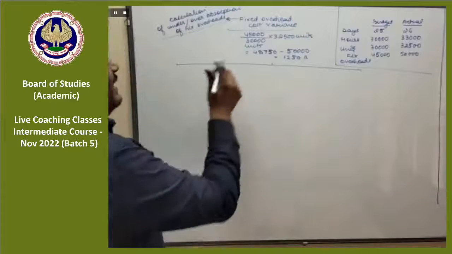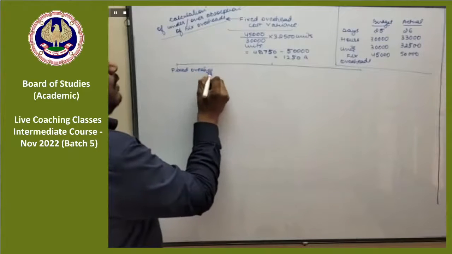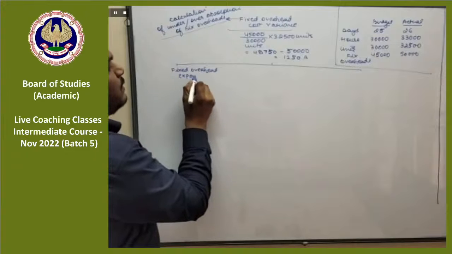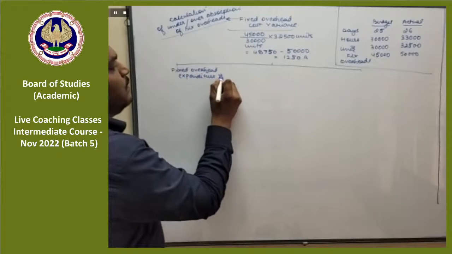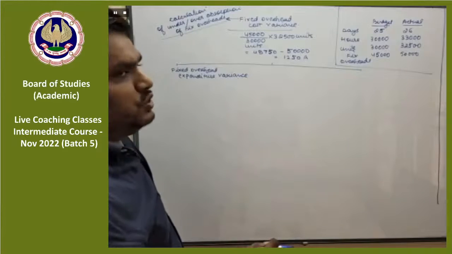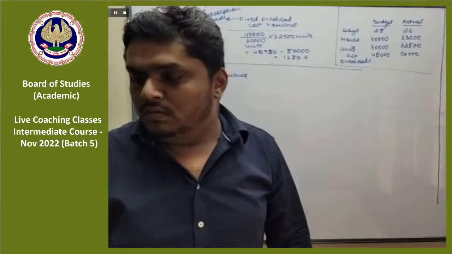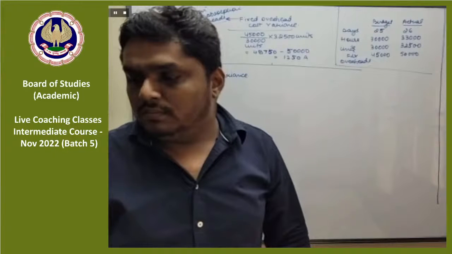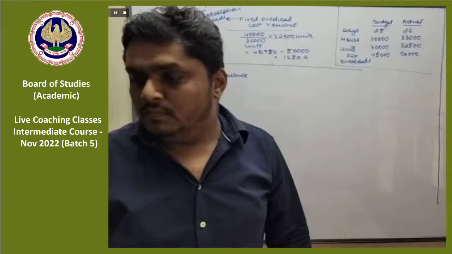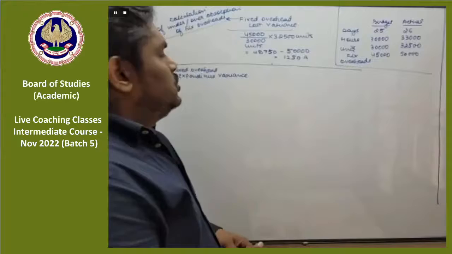So now, next is fixed overhead expenditure variance. I repeat again, cost variance.